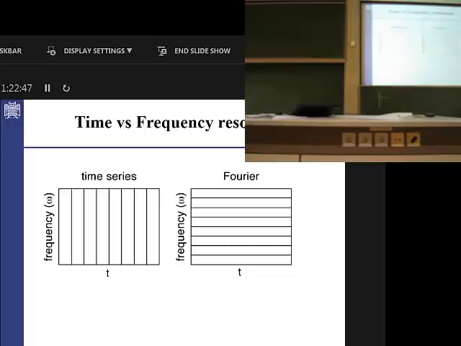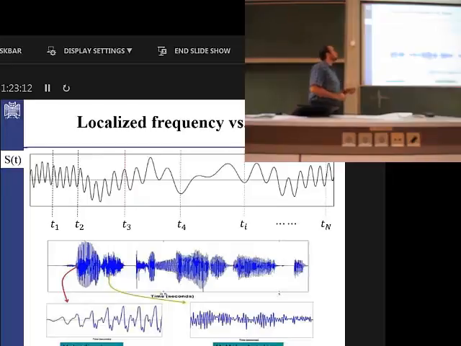So you have no details about the time. You just transfer from one domain completely to another, but you will know everything about every single frequency component contained in the signal. And what we want is a combination of these two.